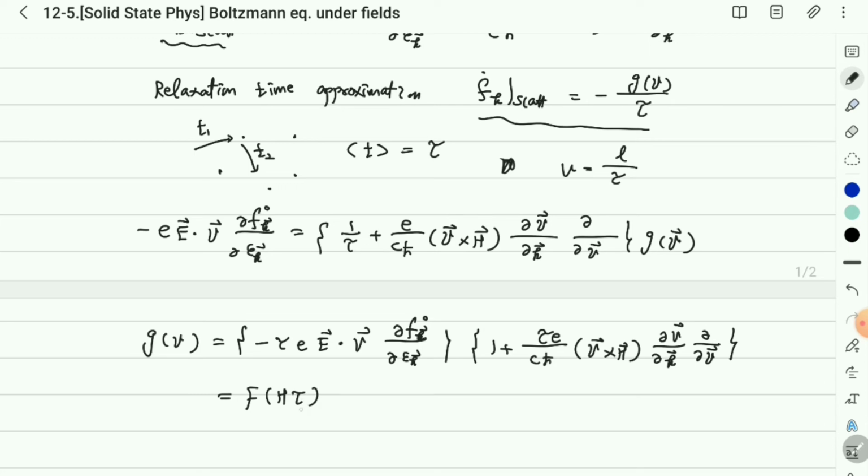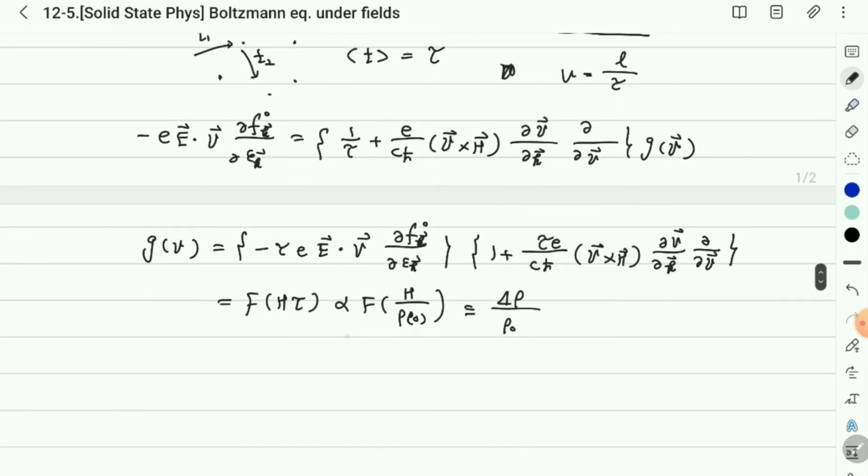Tau is the relaxation time for scattering, and it is inversely proportional to rho zero. Rho zero means the zero field electrical resistivity, and therefore this kind of non-equilibrium distribution function can be written down. It is magnetoresistance, and the magnetoresistance has a functional form like this. We call it Kohler's rule.